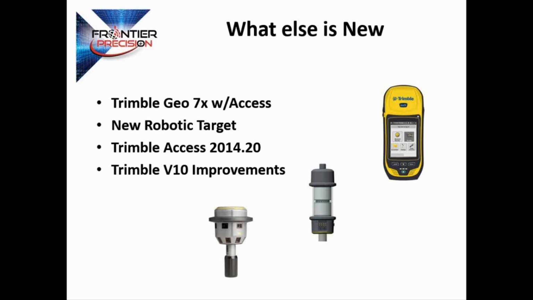We're going to introduce a new robotic target to you and talk about the improvements in Trimble Access version 2014.20, which is the latest version of Trimble Access. And then also just cover some of the V10 improvements for those of you that are interested or using the V10 imaging rover.